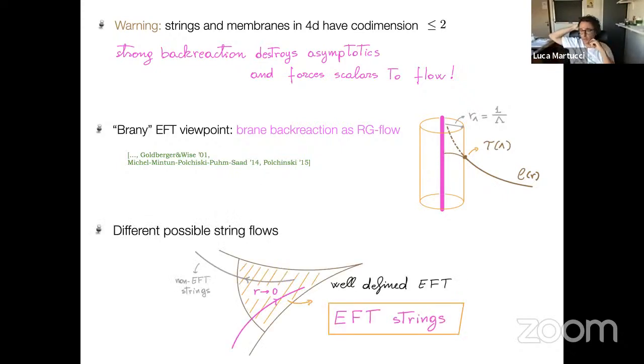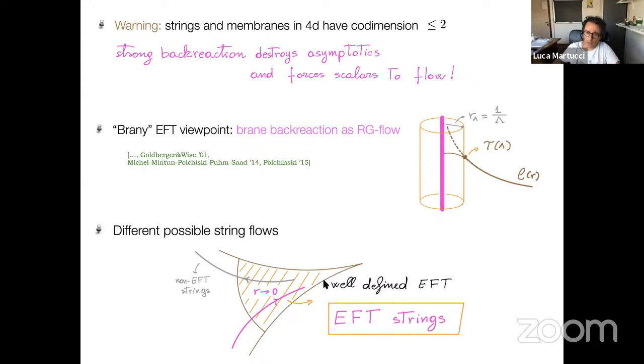And now, because of this strong back reaction, which cannot be neglected, it's natural to focus on the strings which automatically drive the surrounding scalars towards the weakly coupled region, in which, as I said, we can couple such objects to the effective field theory.